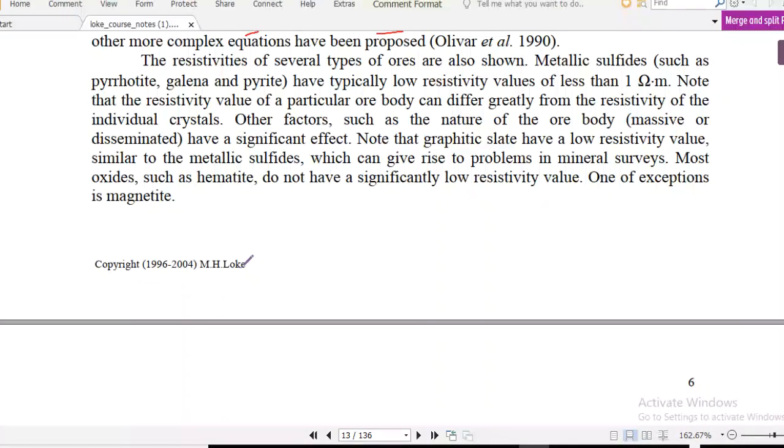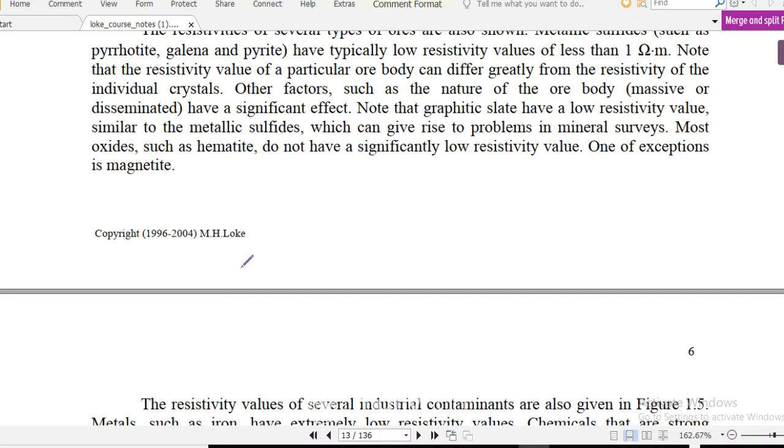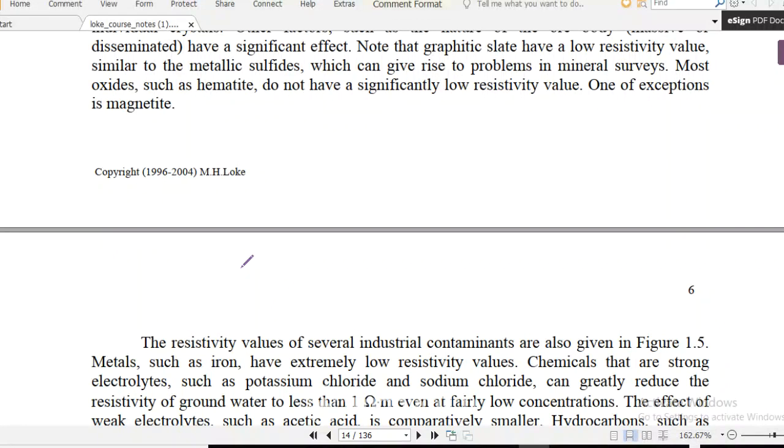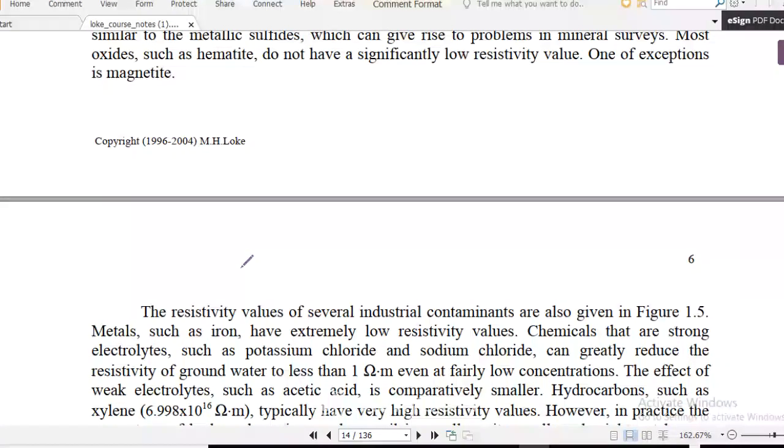Other factors such as the nature of the ore body, massive or disseminated, have a significant effect. Graphite slates have a low resistivity value similar to metallic sulfides, which can give rise to problems in mineral surveys. Most oxides, such as hematite, do not have significantly low resistivity values. One of the exceptions is magnetite.